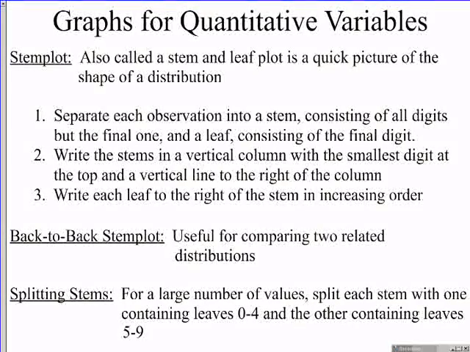So if we're talking about ages, 10 through 20 represented here, our stem would be the 1, and then our leaves of 0 through 4 would represent ages 10 through 14. Our leaves of 5 through 9 would represent ages 15 through 19, okay? And if we have a bunch of people in that age group of 10 through 19, we're going to want to split those stems so we can get a better picture of the overall shape of the distribution.